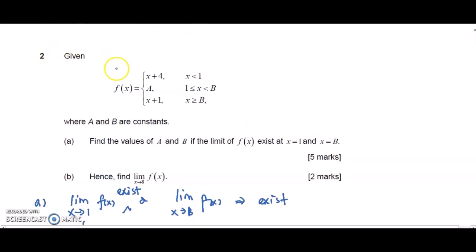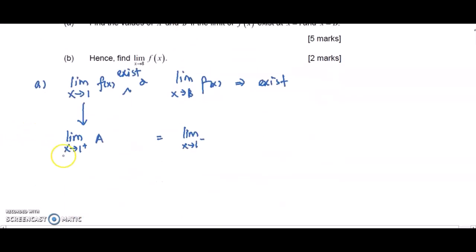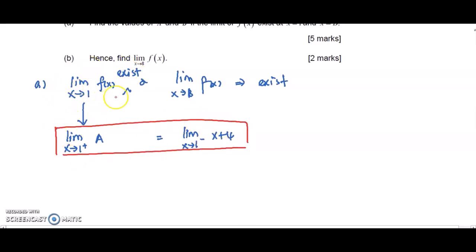So you need to find the subfunction which corresponds to 1 negative, and 1 negative is in this interval. So the function that we are going to consider is x plus 4. Just put in your x plus 4 inside. Then we have an equation. This is my equation. This is the equation that I can form from this information.